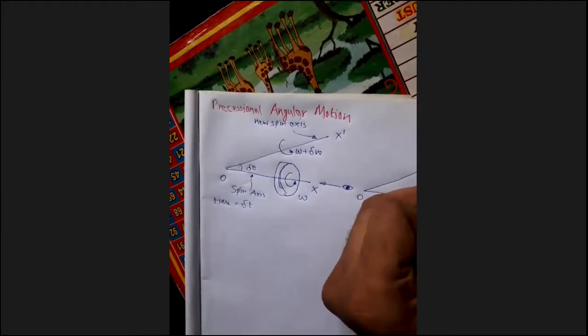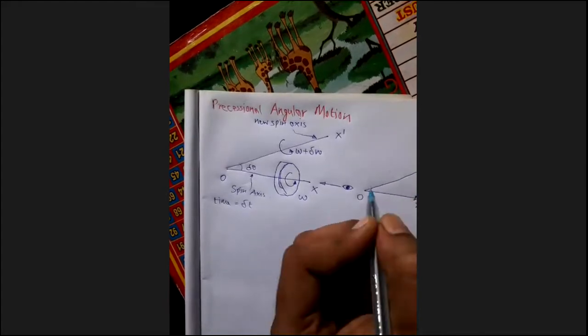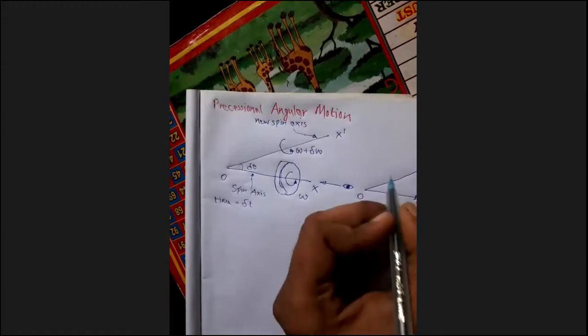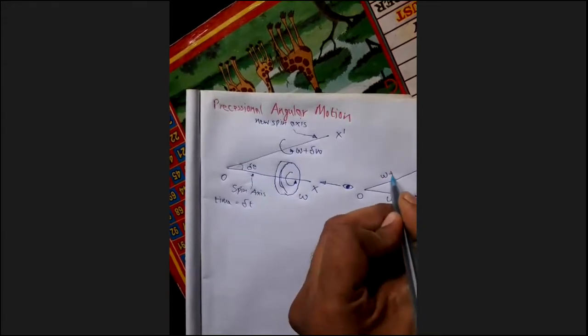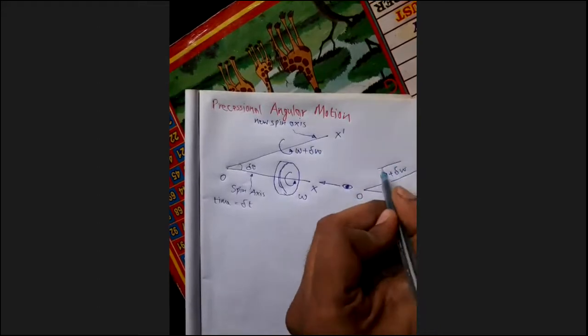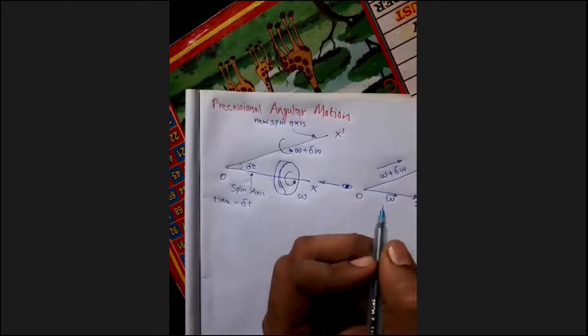I name this vector OX dash. The magnitude of the first vector is omega, and the magnitude of this vector is omega plus delta omega. These are vector quantities, so I draw the vector here. Not drawn in the textbook, but I am drawing it here.